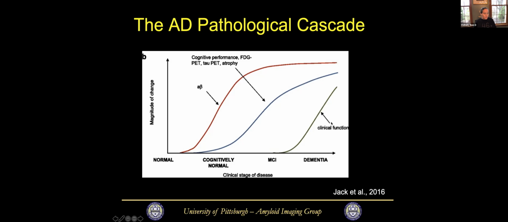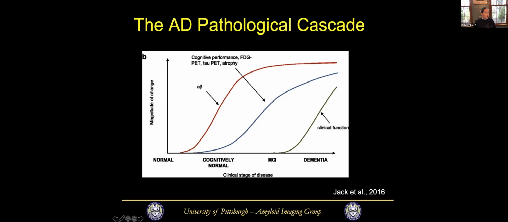The changes in the brain, particularly changes in the proteins amyloid beta and tau, are happening years before we see those clinical symptoms emerge. And so what our research team's interest has really been for many years is, how do we detect that pathology using neuroimaging at its earliest stage?